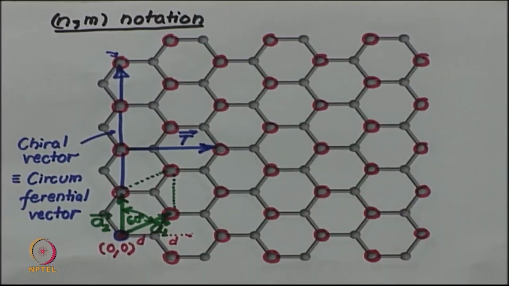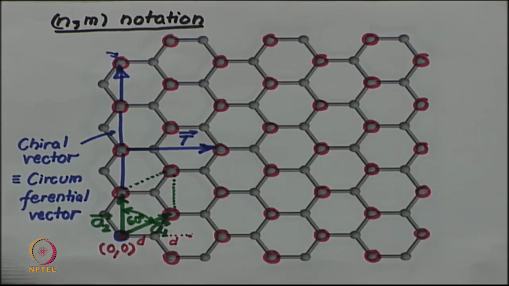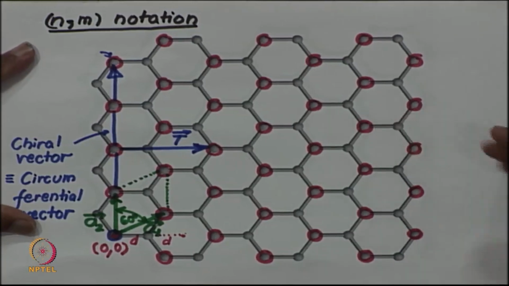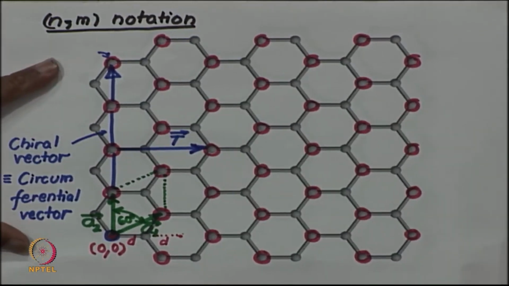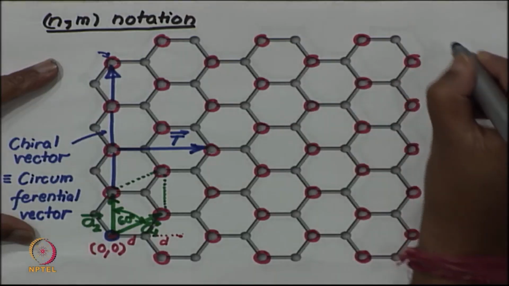So, that is the definition of the chiral vector, and a chiral vector will always be a lattice vector in the graphene sheet, otherwise you will have a defect along the line where you will join, as I had shown you in my previous example when I was folding the nanotube.